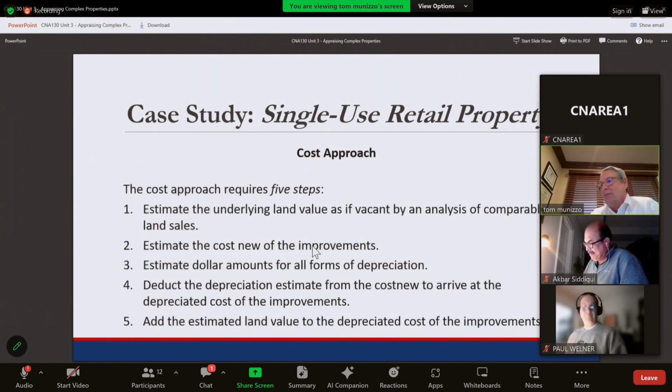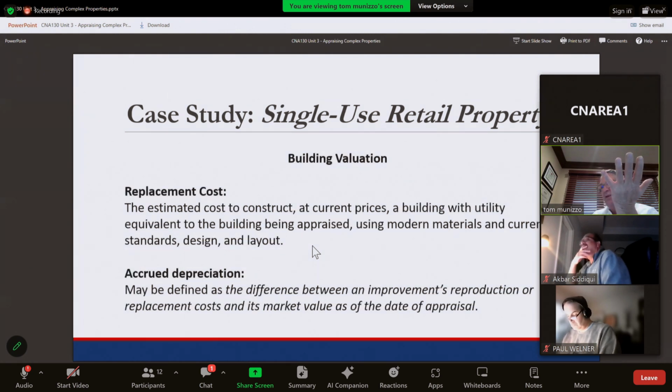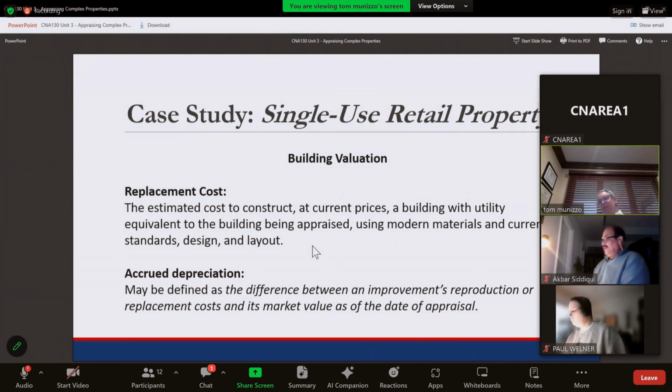All right, and then we have the cost approach in 5 steps. Get the value of the land, cost new of the improvements, depreciation to get the depreciated value of improvements, and then add the land value back in. And again, a reiteration: replacement cost is the cost at current building materials equivalent to the building being appraised, using modern materials and current standards, design, and layout.